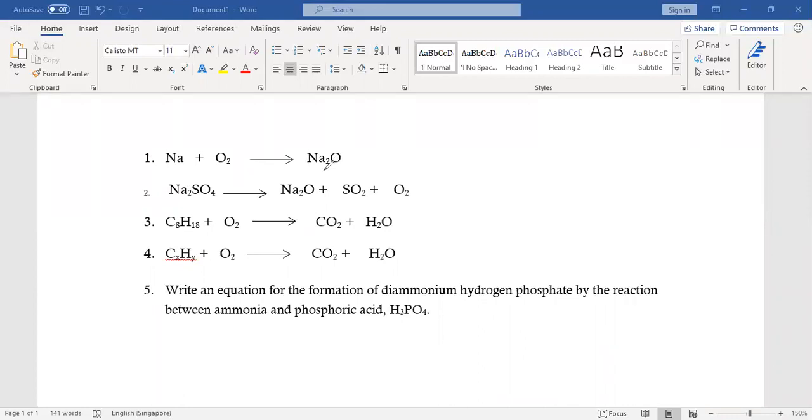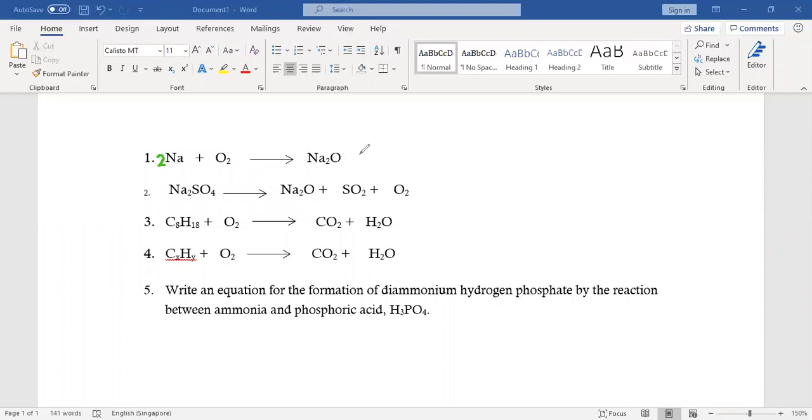How to balance? First and foremost, I just need to check whether I have the same number of sodium, because sodium is different. So I put here 2, and then the number of sodium atoms is balanced.